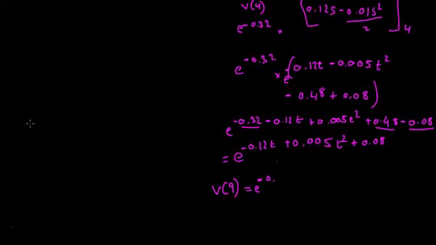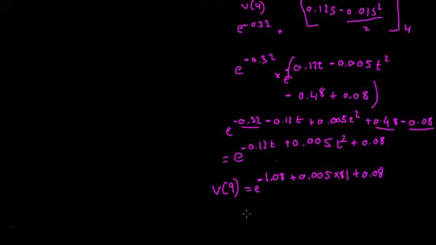It becomes 1.08, because it's 108. So I'll write that down. 1.08 plus, what is 0.005t squared? So that's going to be 0.005 times 81, because that's 9 squared, plus 0.08.